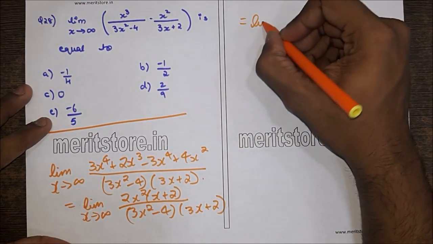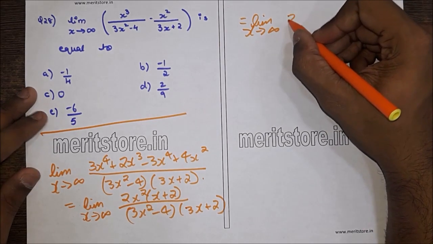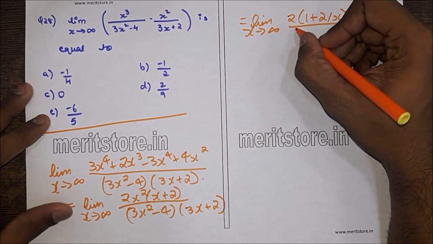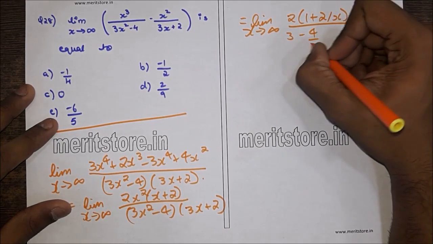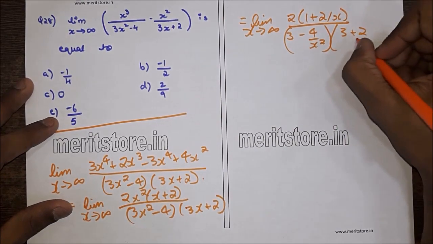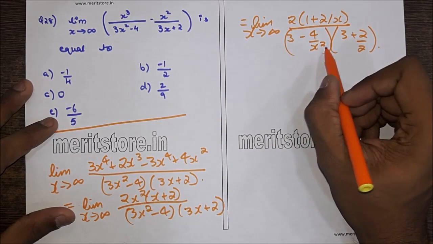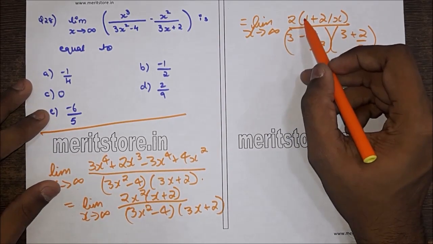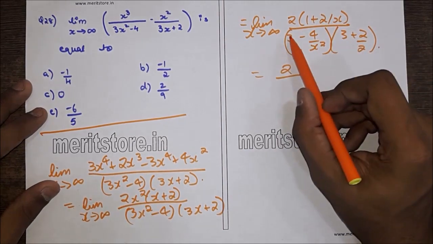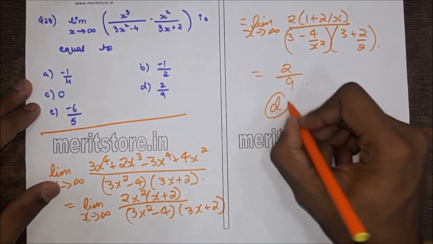Now this gives us limit of x tends to infinity, 2 into 1 plus 2 by x, taking 2 common, upon 3 minus 4 by x square into 3 plus 2 by x. Applying the limit of x tends to infinity on these terms, we are left with 2 in the numerator and 3 into 3 giving us 9, 2 by 9, which is option D.